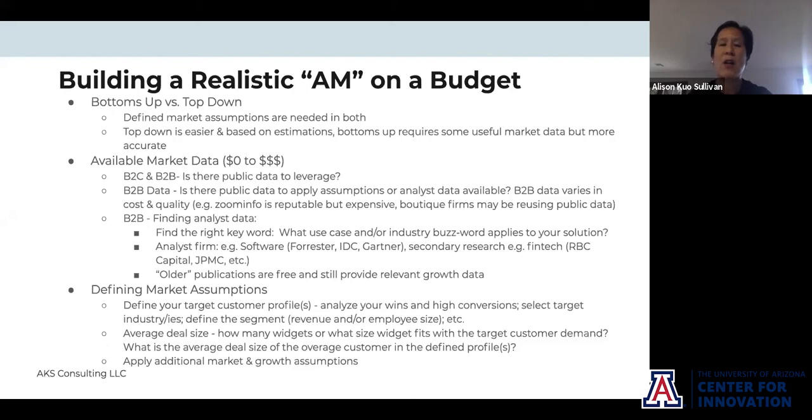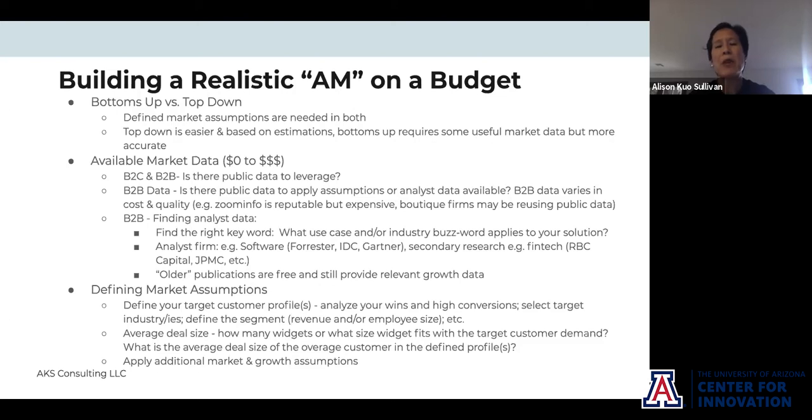In addition to analyst data, there are some really boutique companies out there. In general, data quality varies. ZoomInfo, for enterprise and B2B, is very reputable, but has very expensive data.